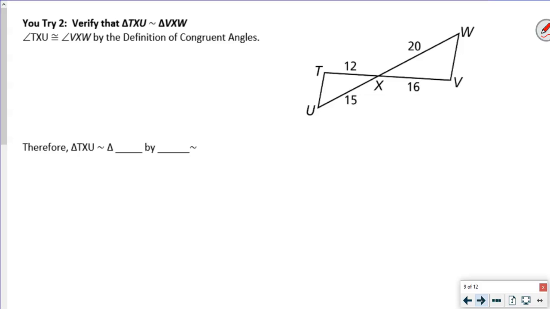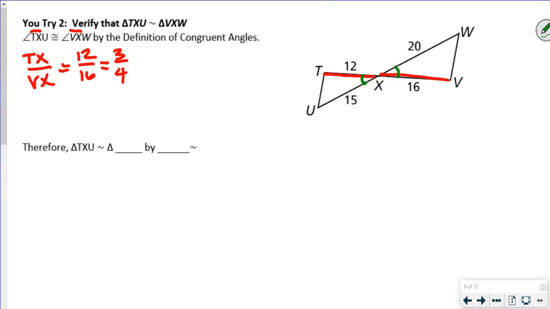Okay, so again, let's look at what we have. Looks to me like we have TX over VX, right? VX. So let's do, that's going to be 12 over 16, which reduces to be, 4 goes into both, right? 3/4, okay. Then we have this angle. Do y'all see this vertical angle right here?